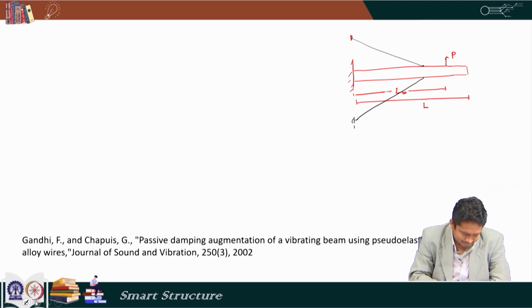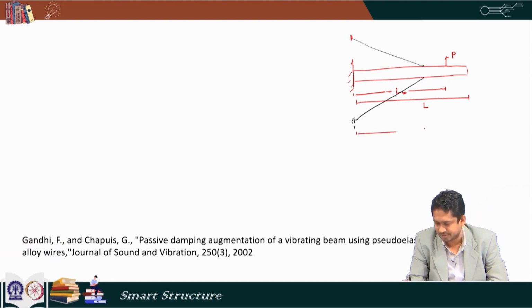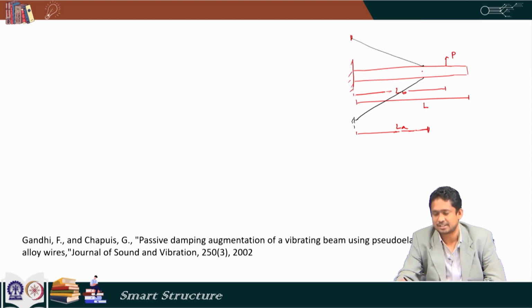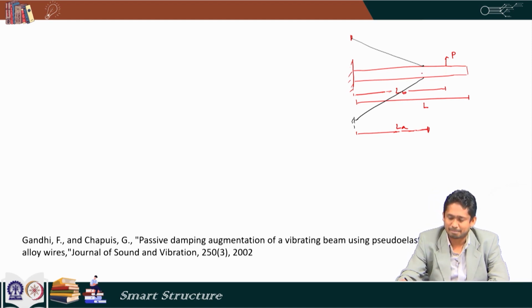And let us say that the location at which the wires are fitted is at a distance L A from the root of the beam. So, at a distance L B we are applying the force, at a distance L A we are attaching the shape memory alloy wires for damping purpose.